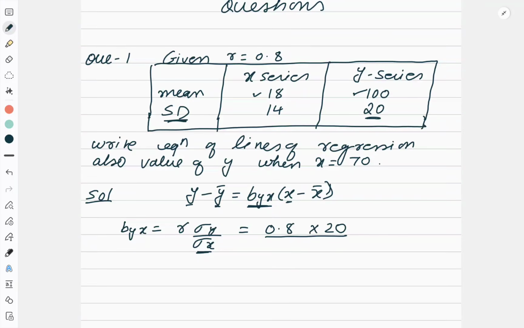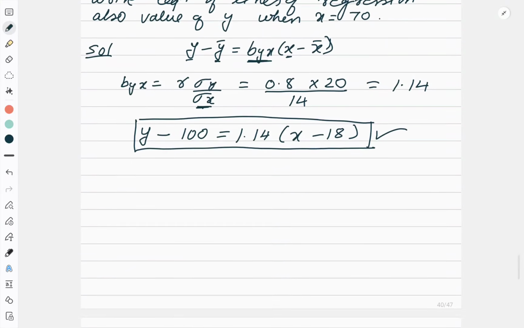And sigma x is standard deviation of x series, that is 14. So I got my byx is equal to 0.8 into 20 upon 14. Correct? So now when you evaluate this, you will get 1.14. So my equation will be y minus 100 is equal to 1.14 into x minus 18. So this will be my first line of regression.